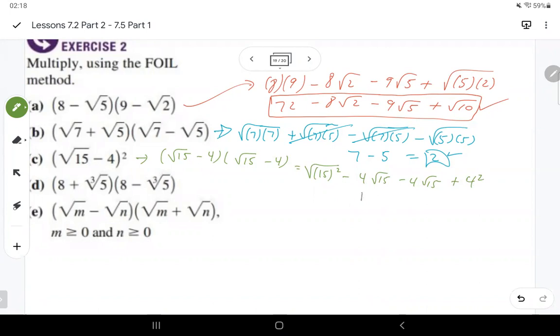So that's going to be 15 minus 8 square root of 15 plus 16. So then we have to combine these two. We end up with 31 minus 8 square root of 15.